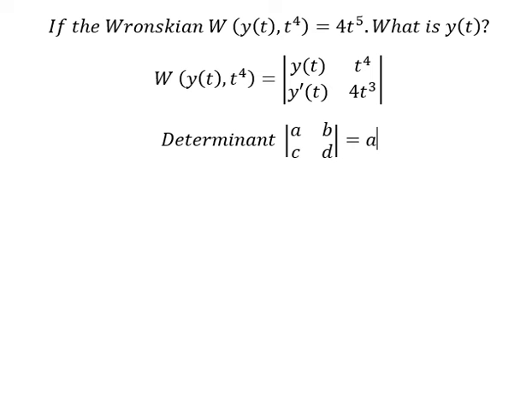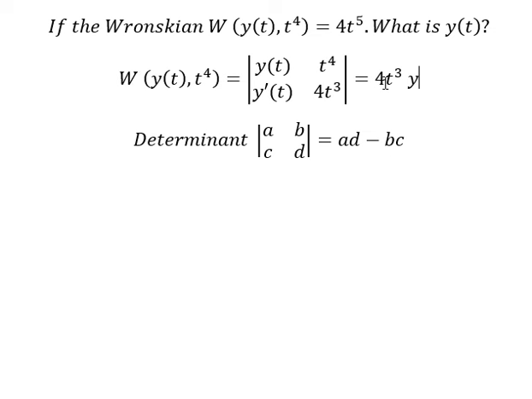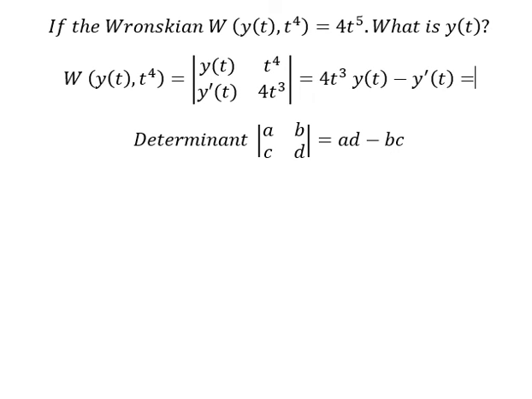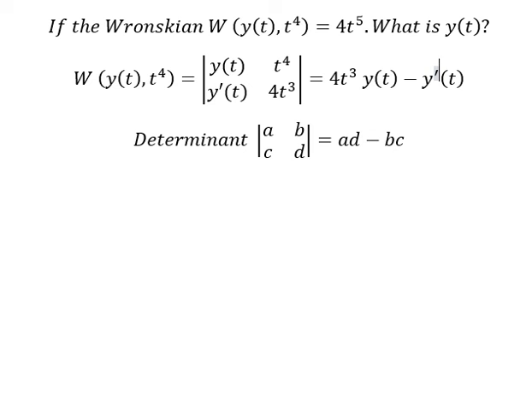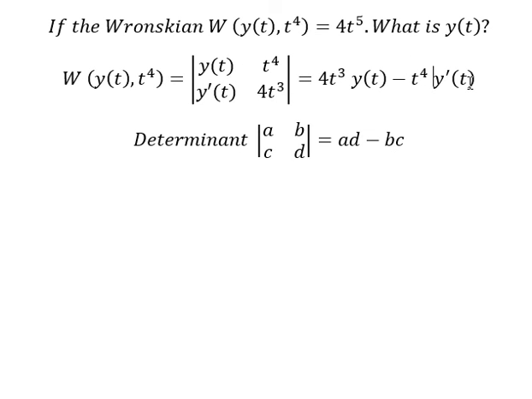we have AD minus BC. So for this one, we have like this. And this one equals this one.